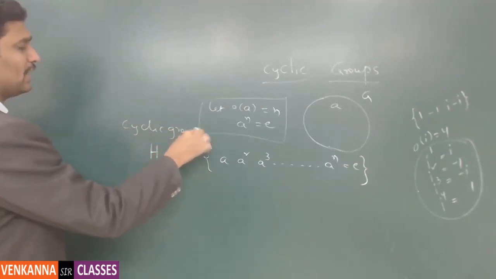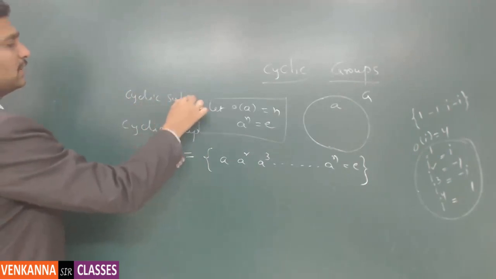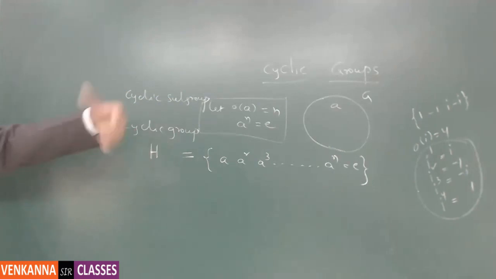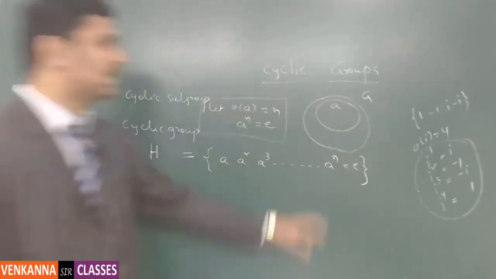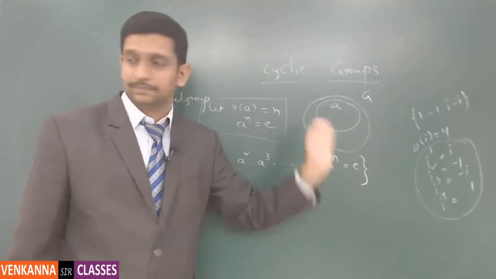Indeed, we call it a cyclic subgroup because you are considering only the powers of A. Other elements are also there in G. So you are taking a portion of G. It contains only powers of A. Other elements are also there in G.